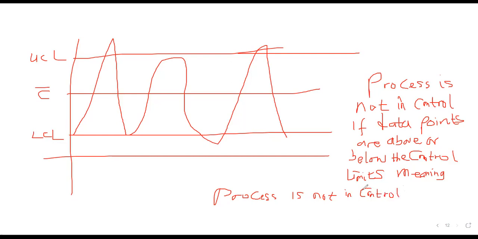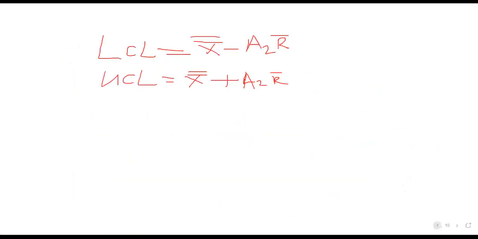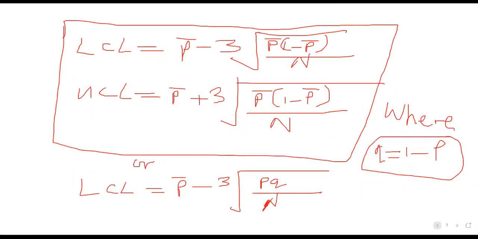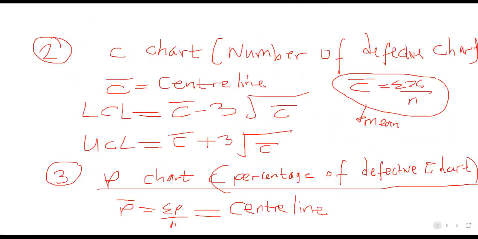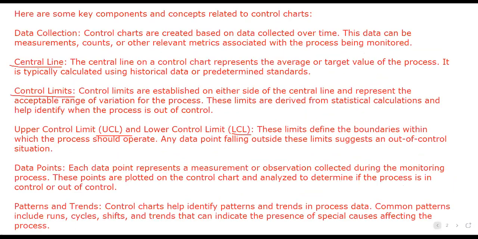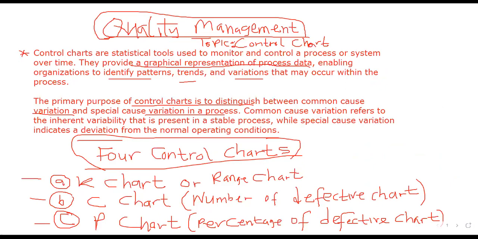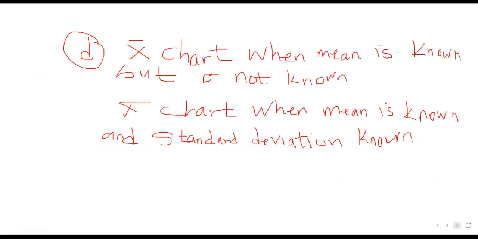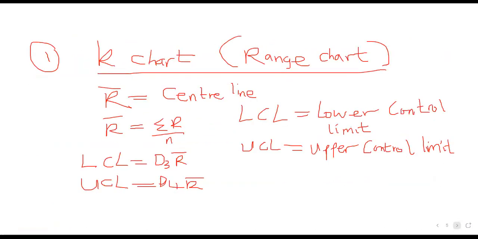All right, so this is about process being in control or out of control and control charts. So this marks the end of the control limits. Of course, we can do an example concerning these 4 control charts that are cardinal in quality control for this course: the C bar chart, the P chart, and then the X bar chart with the mean known, and the rest.